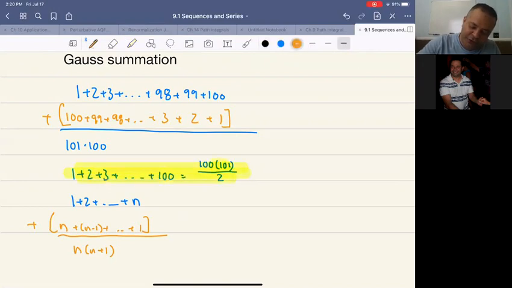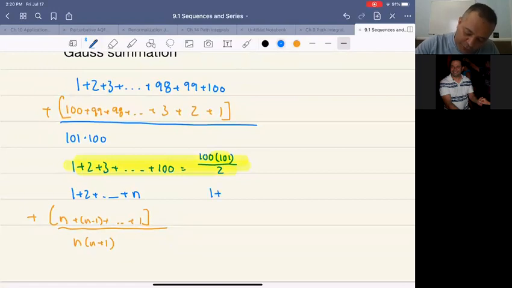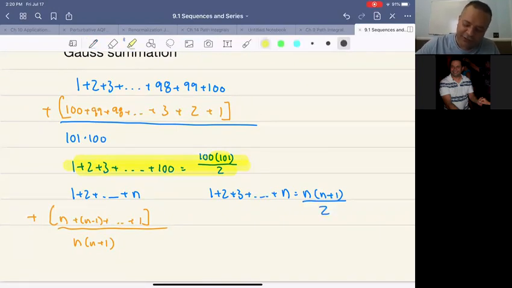Or more generally, 1 plus 2 plus 3 all the way up to n equals n times n plus 1 divided by 2. So that's just a nice little trick that mathematicians came up with, and you now have.